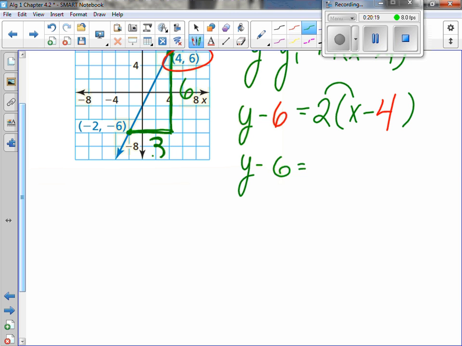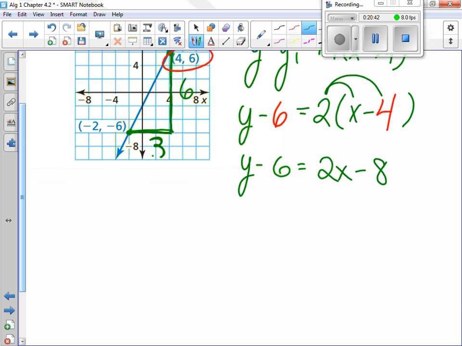Well, 2 times x is 2x. And 2 times negative 4 will be negative 8. Because 2 times x will be 2x, and 2 times negative 4 will be negative 8. Any questions on any of this here? Is y by itself?